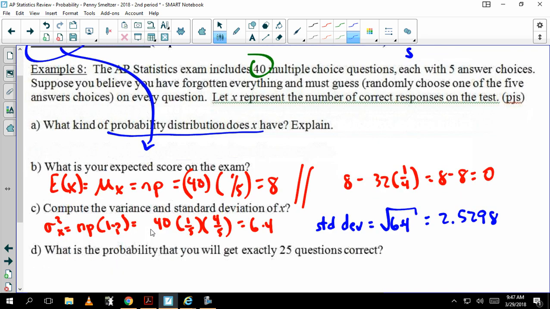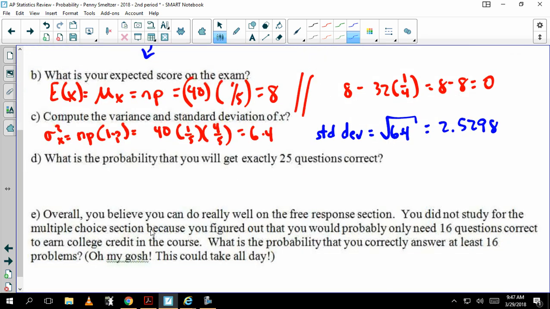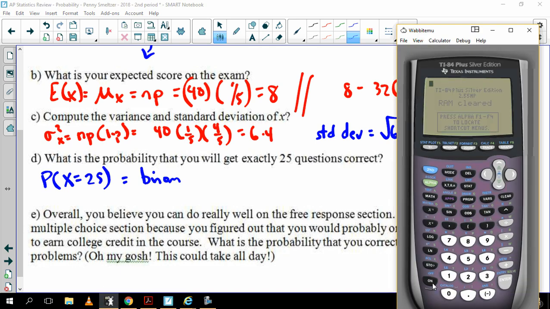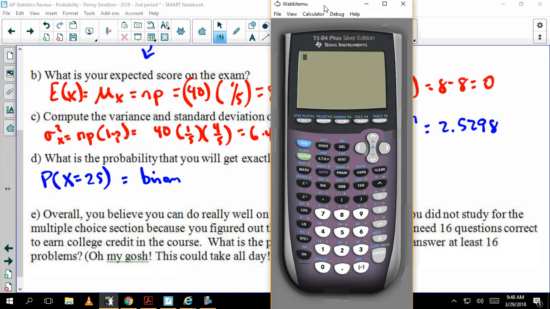Now, question D says, what's the probability you get exactly 25 questions correct? What's the probability that the number correct is 25? This will help us remember how to do this on the calculator. So we said this is going to be a binomial problem. So I pull up my calculator. It's under distributions.